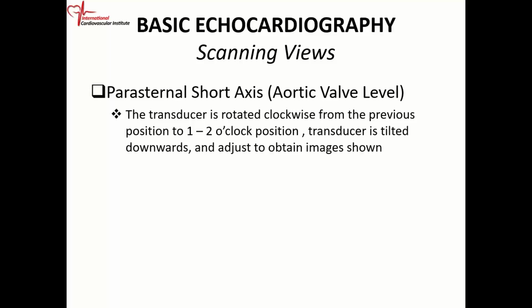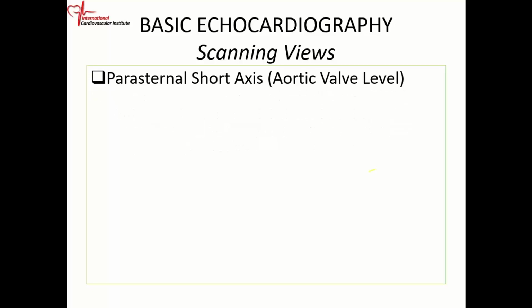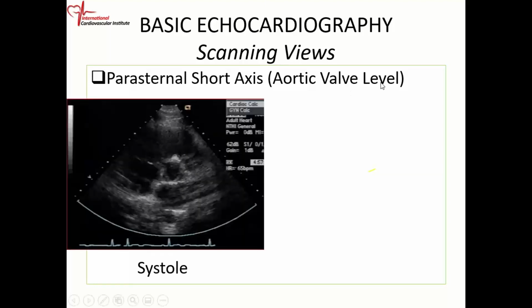To get the short axis view, you're going to rotate the transducer with the marker to about the 1 or 2 o'clock position, and tilt the head of the transducer downwards. This is going to give you what we call the short axis view at the level of the aorta.